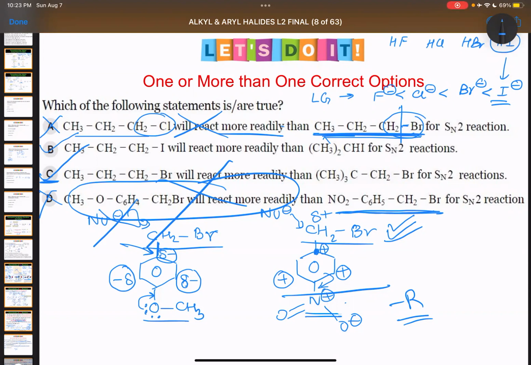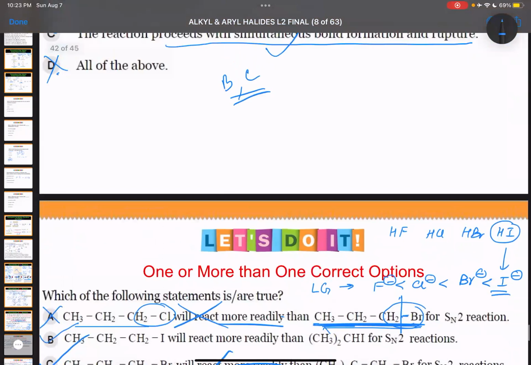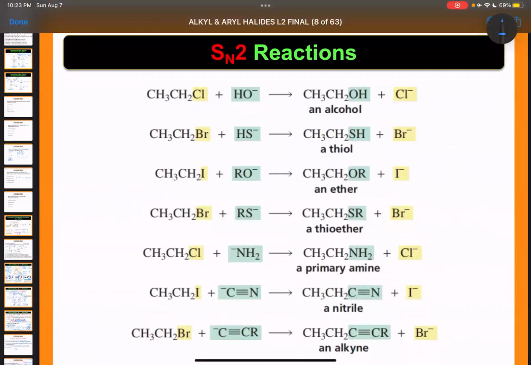You need to know what is happening inside the reaction, then only you will be able to answer these questions. These are mechanism based questions. But there are a lot of questions which do not deal with the mechanism. There you just write the nucleophile or the reactants and you need to make the product. They are just for conversion purposes.